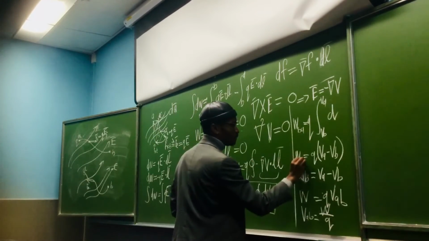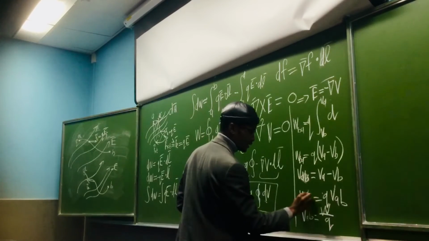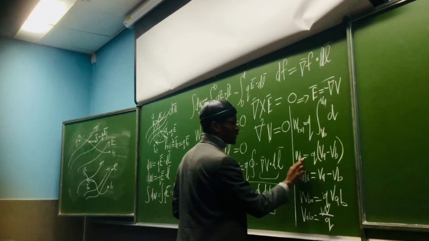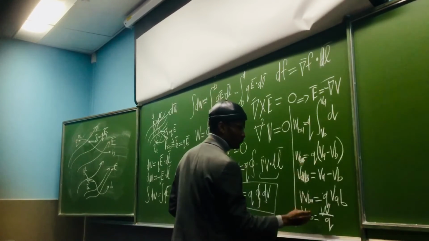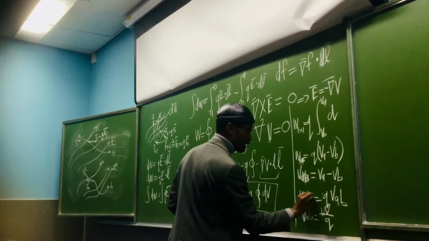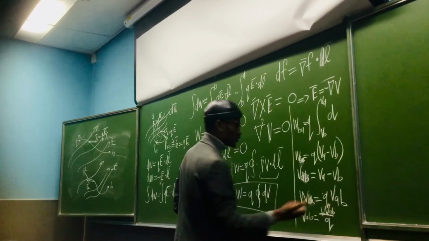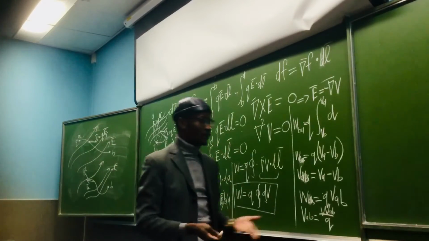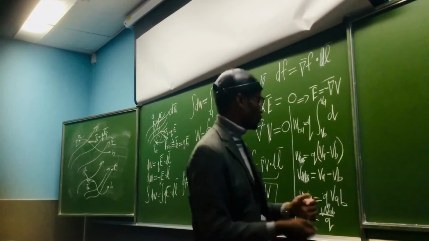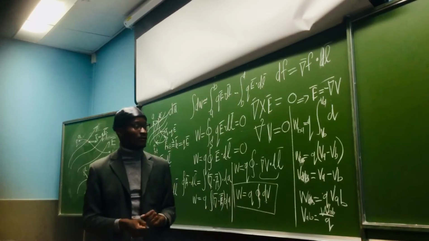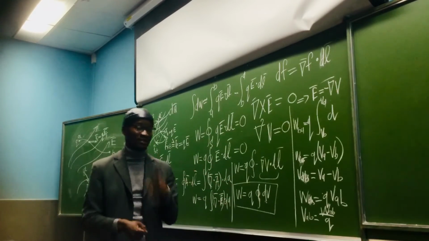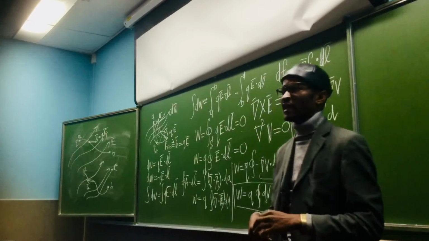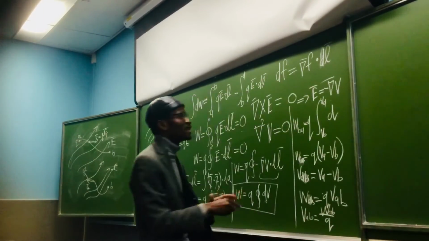So V, the potential of AB, was the work done from A to B per unit charge, which is Q. So that is the definition of the electrostatic potential difference. And all this is happening within an electric field that is static. In other words, it's not time varying.